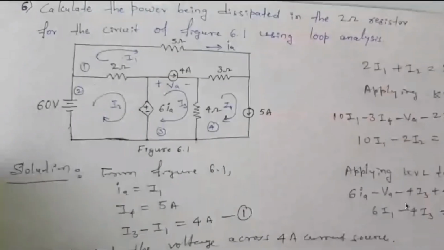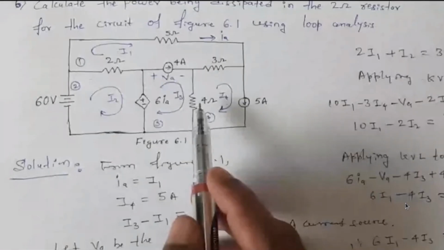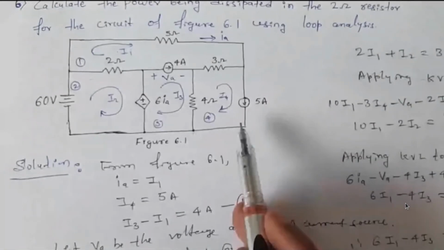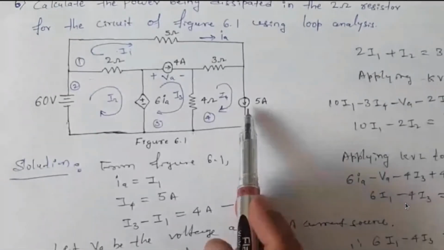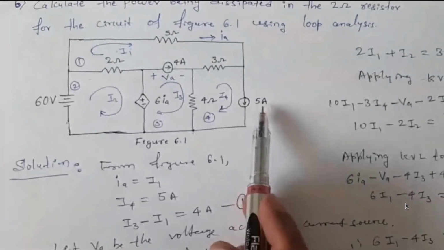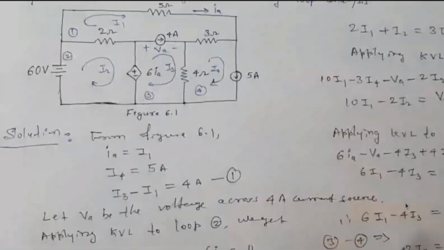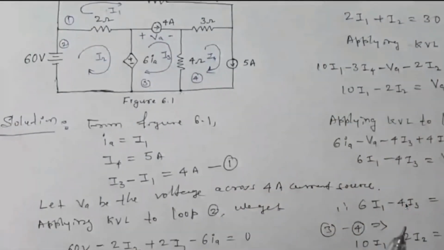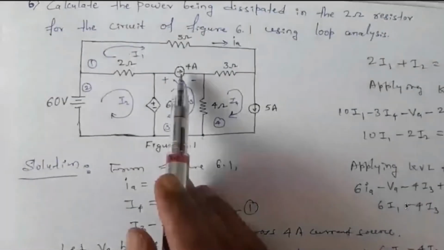Here we had 4 meshes, but one mesh current was directly given, because I4 is equal to 5 ampere. Because of that, we required only 3 equations. One important thing is that there was a current source in one branch.